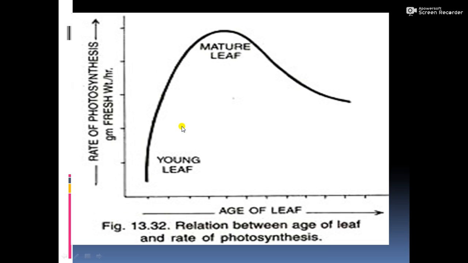So here we can see the graph, the relation between age of leaves and rate of photosynthesis. This is the age of leaf and this is the rate of photosynthesis. We can see the young leaf photosynthesis rate is lower, and while it's getting matured, the photosynthesis is going higher and it is highest in the mature leaf, and after maturation when it gets aging, the photosynthesis rate is coming down.